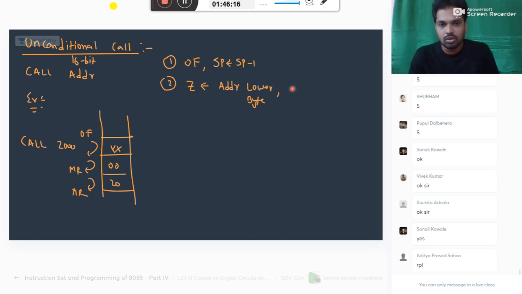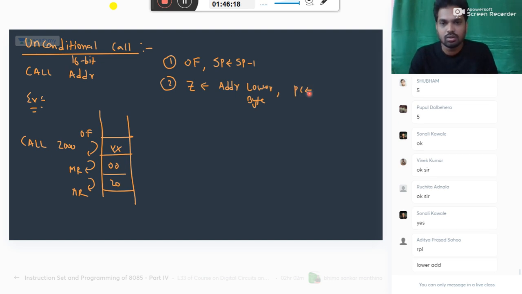Here PC will be incremented by 1. Then it will go to the third one. Here also PC will be incremented by 1. That happens every time. Then W is copied with the address higher byte.